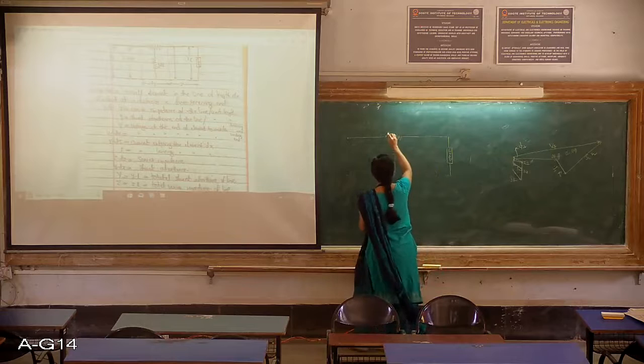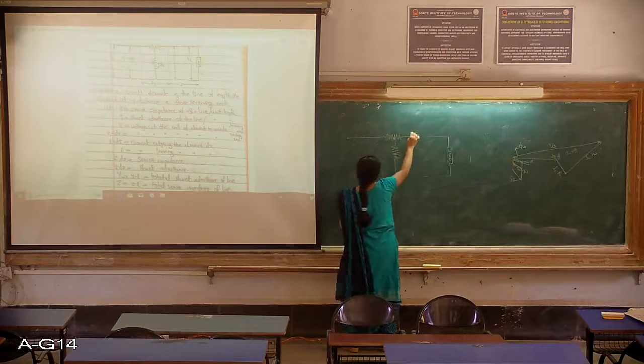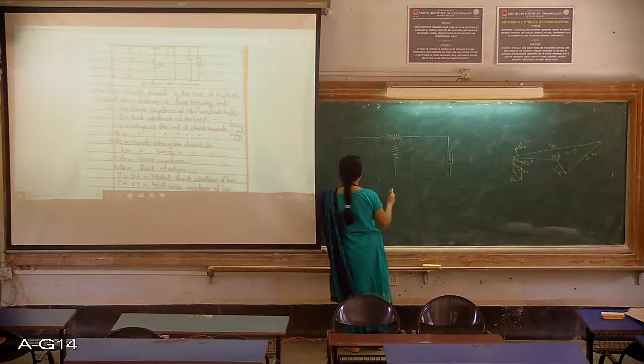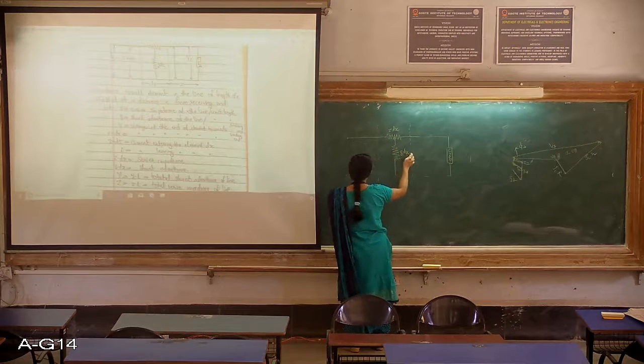Then you consider this part of the line, which is not visible on the PPT. This is the part of the line under consideration. So this is your z dx, and this is your y dx.